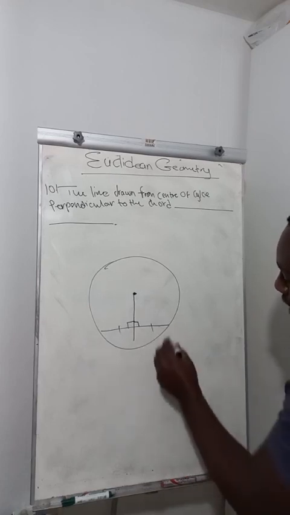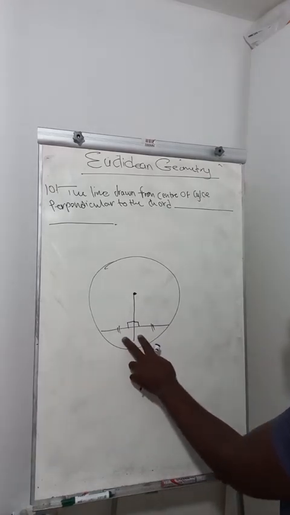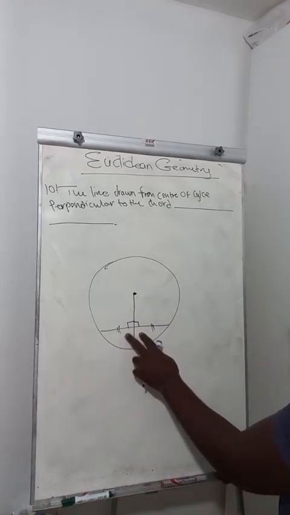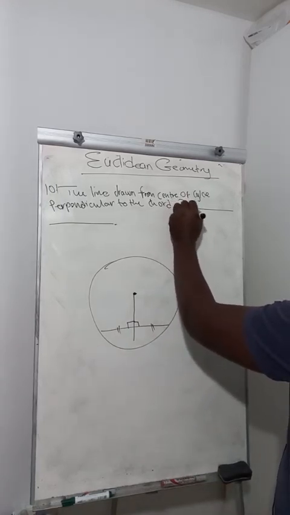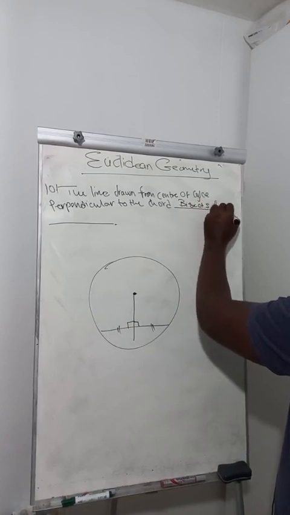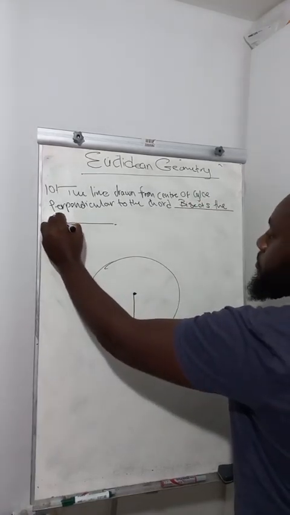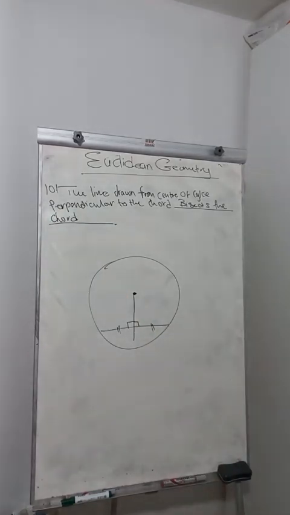This line will be cut into two equal parts. So here you will write: bisects the chord. If you go to your theorems, you'll find something like this. That's your answer.